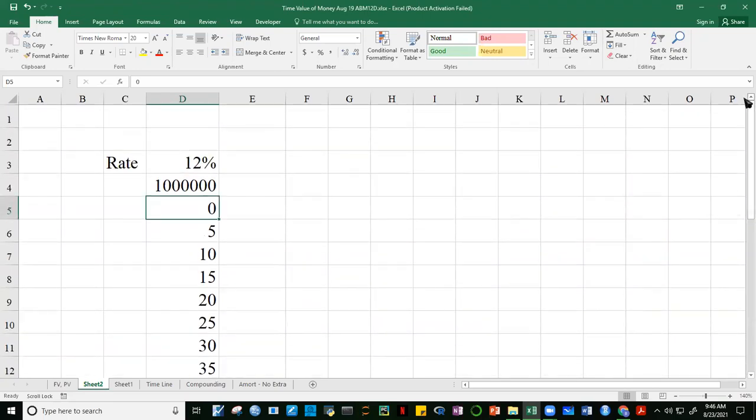Okay, so any questions, guys, with respect to the fill? Okay, that's a shortcut. Mabilis yan, especially kung mahaba yung series na ginagawa natin. Paki-chat nga, guys, kung clear yung proseso na yon. Okay, tatatlo pa lang nagre-response, guys.